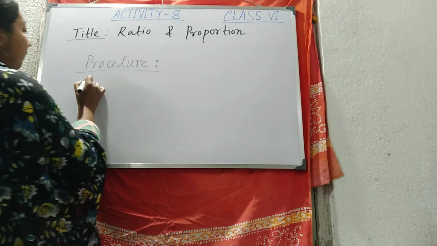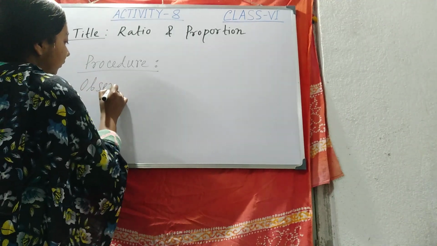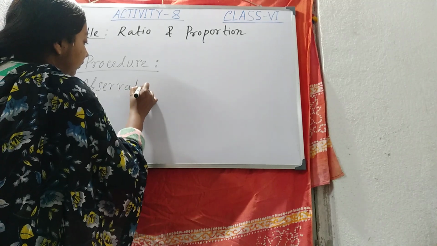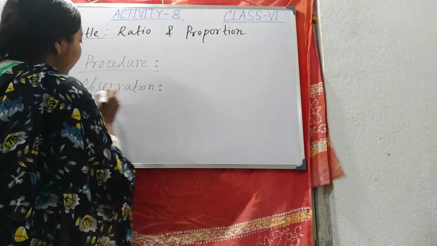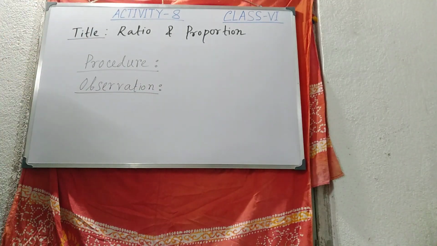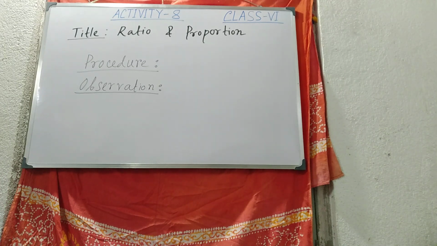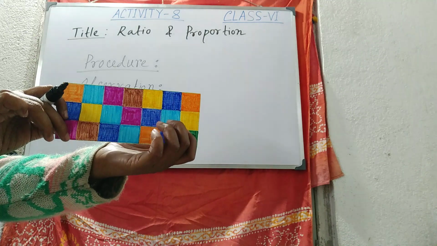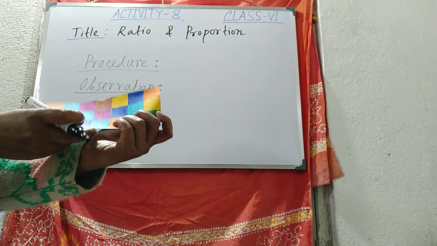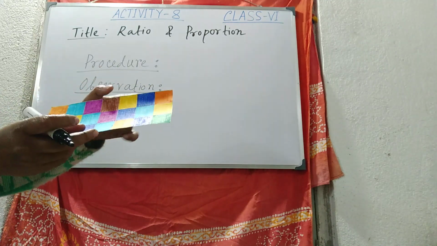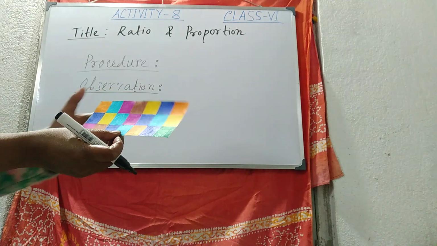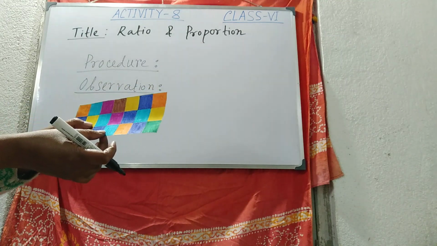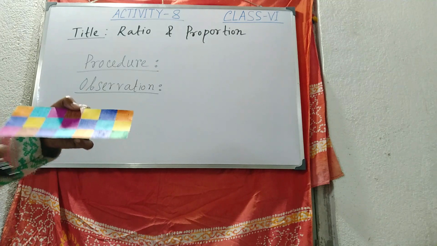In the observation part, whatever you are observing, you have to write in your own words. For example, here we have these 21 square boxes, and I am observing that the number of orange colored boxes is 3.